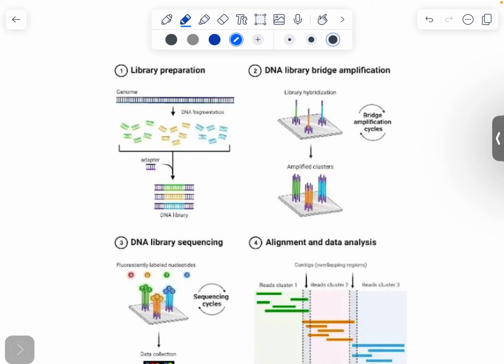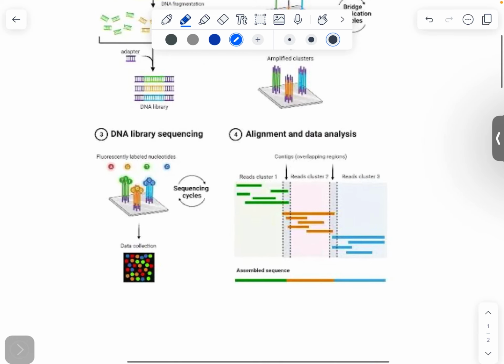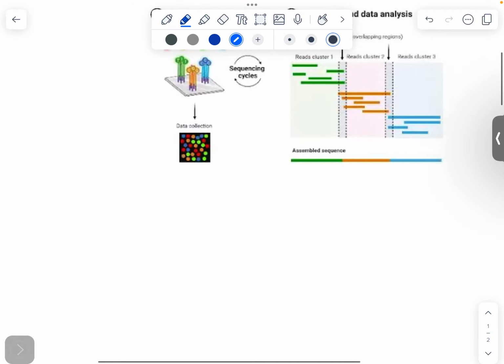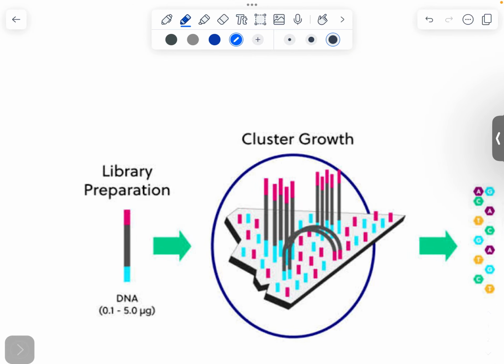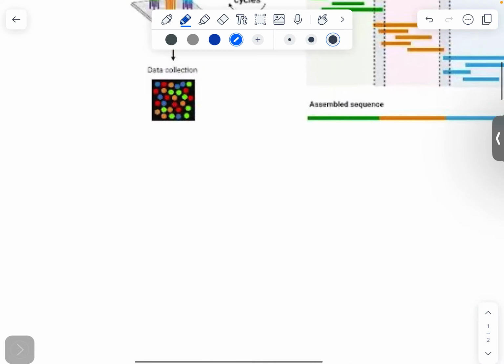After DNA is fragmented into pieces, these pieces are then joined with the adapter sequences. Here you can see the first step is library preparation, in which the DNA is fragmented into small pieces. Then these small fragments are joined with the adapter sequences, which you can see here in red color and cyan color.